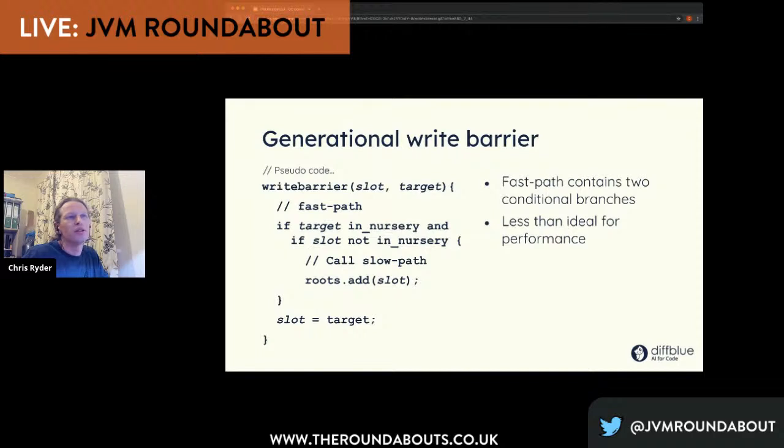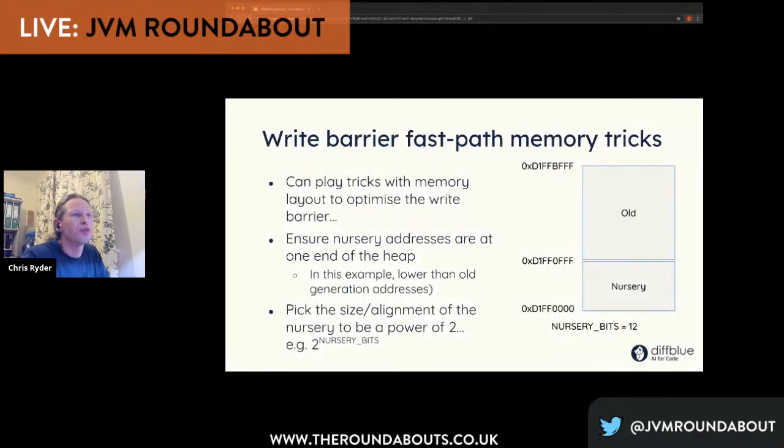Now, this is a little bit less than ideal because we're actually doing 2 branches in this write barrier, which is not great for performance. So there are some tricks we can play here. If you consider the memory layout of your heap, if you lay out your nursery so it's at one end of the heap, it doesn't really matter which end, I'm going to use the lower end of the heap.